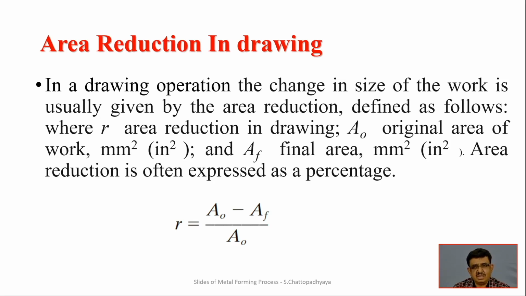So, the area reduction is given by the change in the area in comparison to the original area. R is the area reduction in the drawing, a ratio with A0 minus Af in the numerator and the original area in the denominator. It can be expressed in terms of, say, percentage. So, R is a ratio.